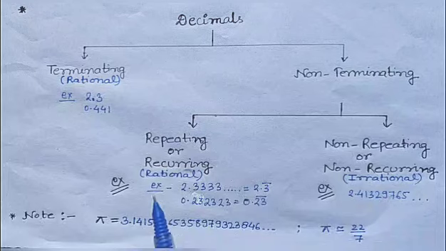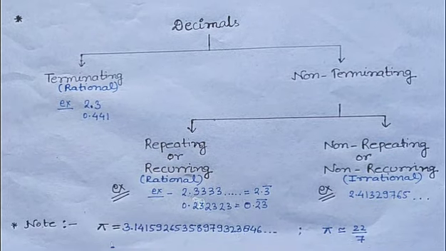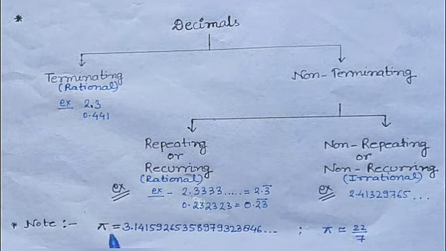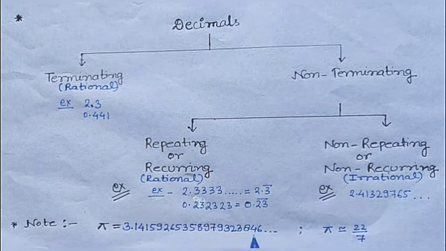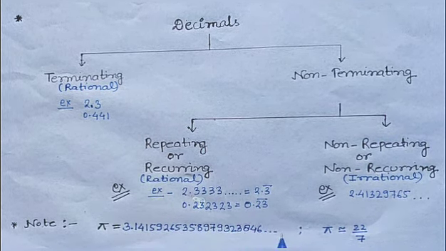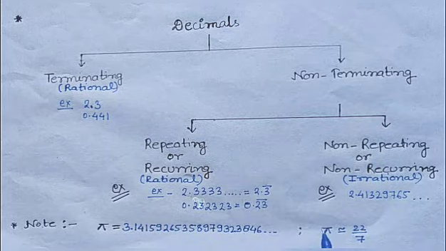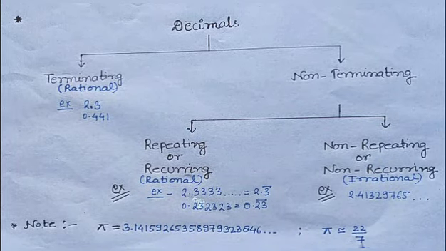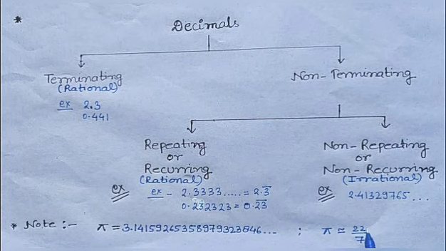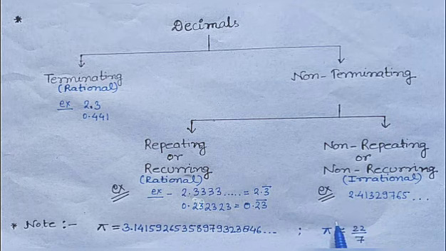One more thing that you should note down is that this is the actual value of pi. It is non-terminating and non-repeating, but sometimes we take pi is equal to 22 by 7. Students, remember that this is not the actual value of pi. It is an approximate value of pi, that is 22 by 7.